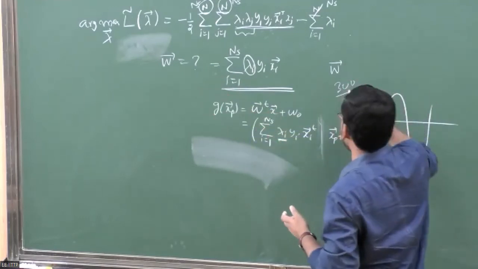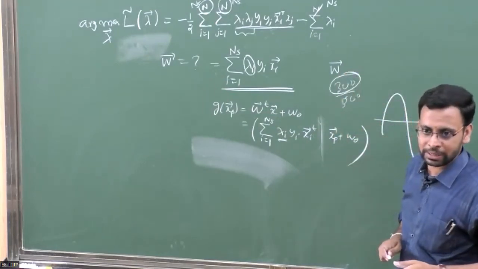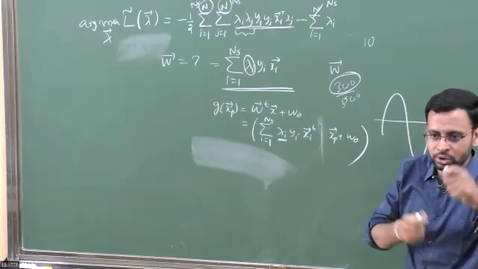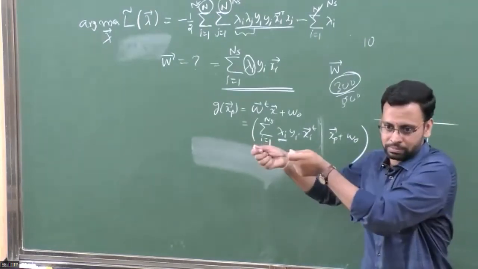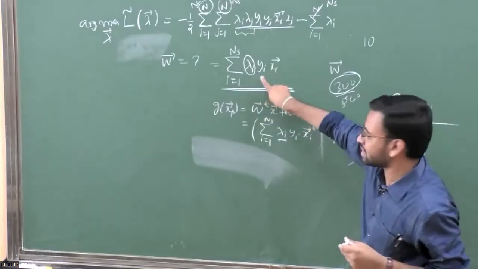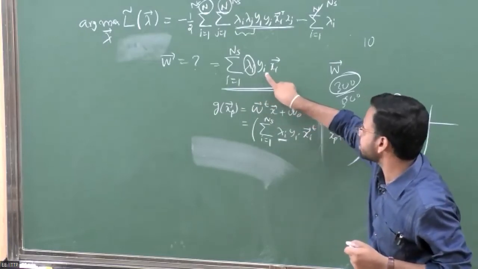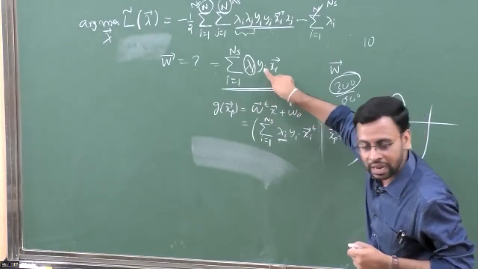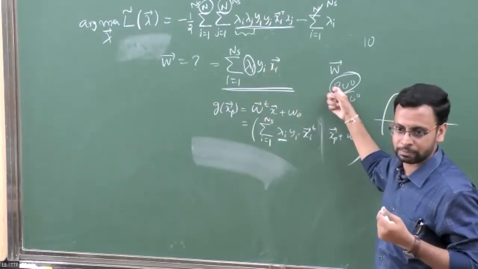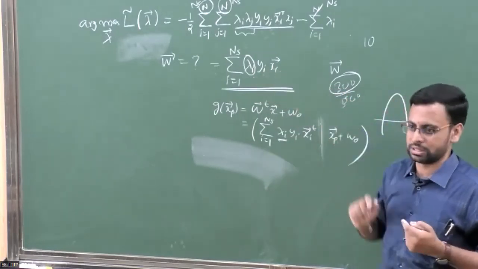If everybody finally got 300 out of 5 subjects, I could always have different weights for them and arrive at 300 marks. This is very similar. This lambda I is weighting yi and xi bar. I could have different weightages, but still the final result could be 300. 300 is like a hyperplane. These weights I give are the lambdas.